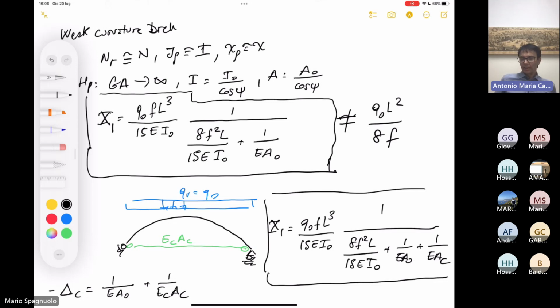Obviously we can have other loading conditions. We can account for the curvature. We can get more accurate results for beams with not weak curvature by using the exact equations that I provided at the beginning.